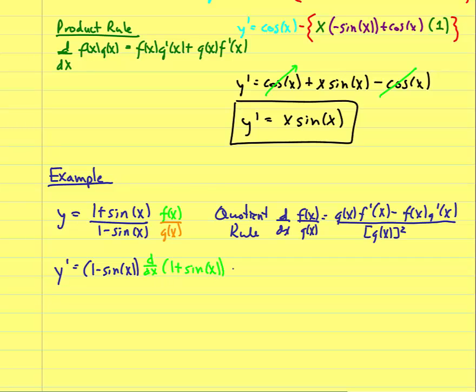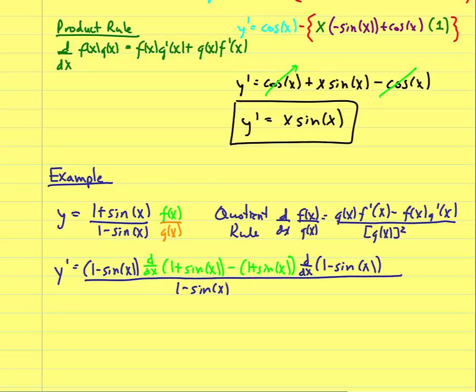Bottom times the derivative of the top minus the top times the derivative of the bottom. And of course this is all over the bottom squared. Now when we write the bottom squared, it's not 1 minus sine squared of x, it's this quantity, 1 minus sine of x quantity squared.